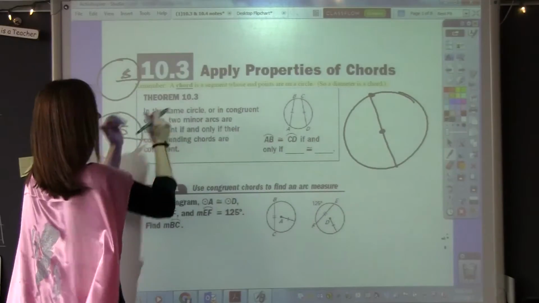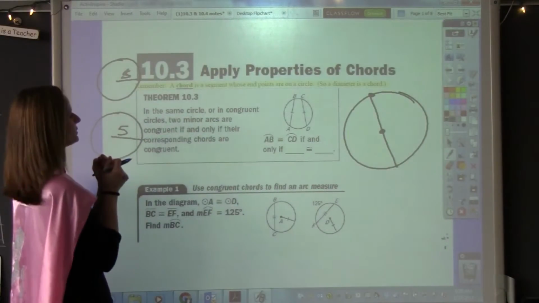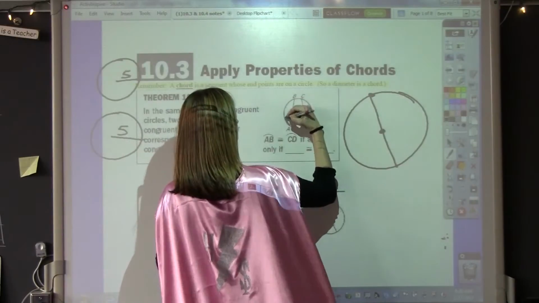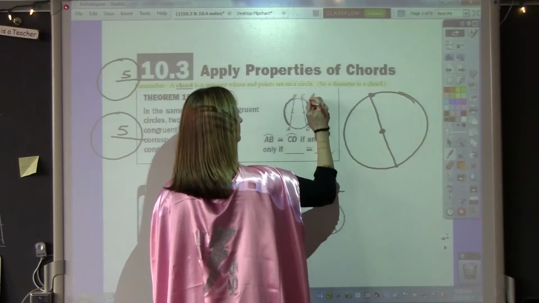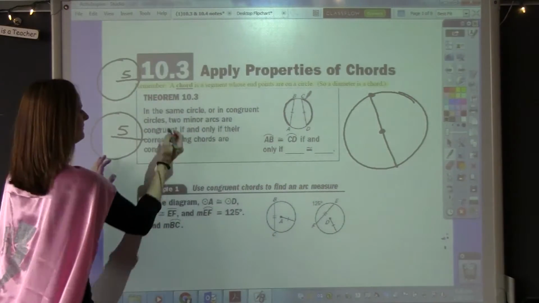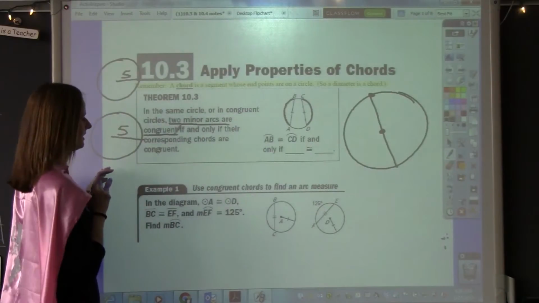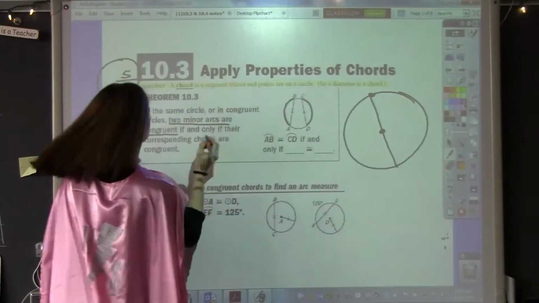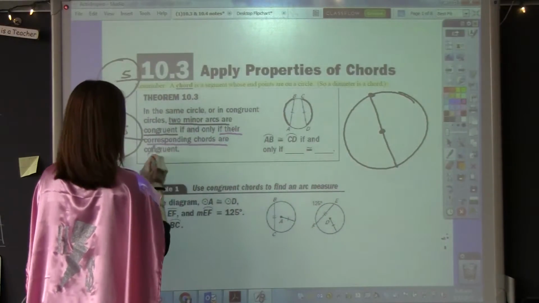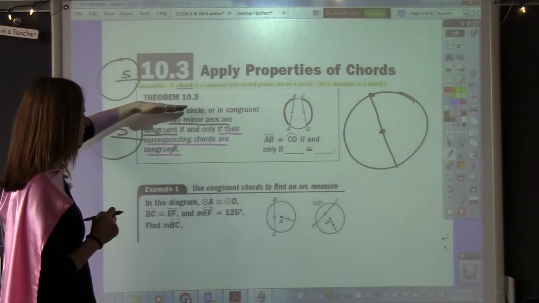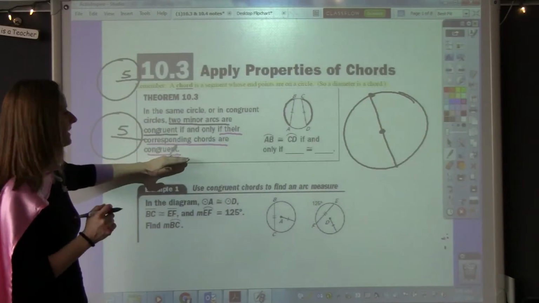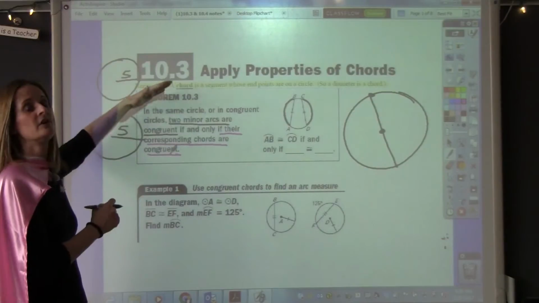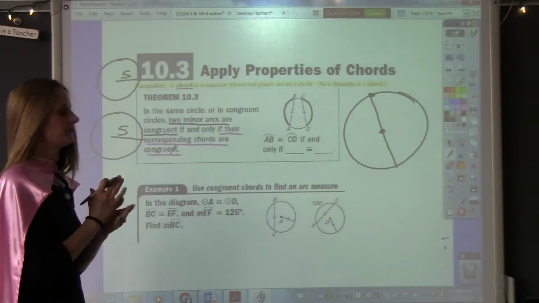In the same circle or in congruent circles, two minor arcs are congruent if and only if their corresponding chords are congruent. So if the minor arcs are congruent, then the corresponding chords are congruent. If the corresponding chords are congruent, then their arcs are congruent. If and only if.